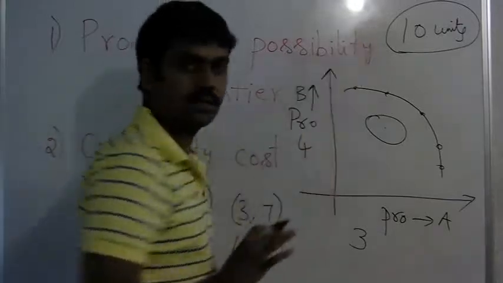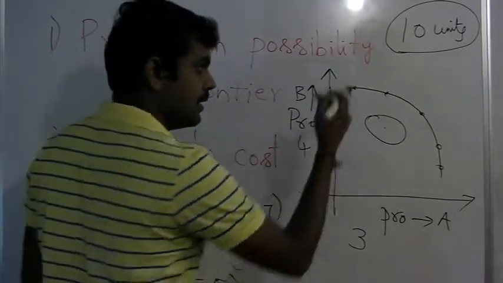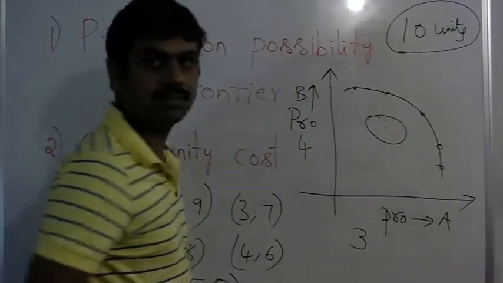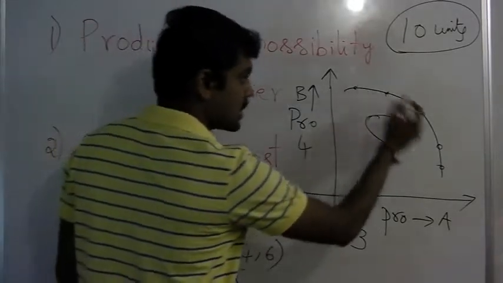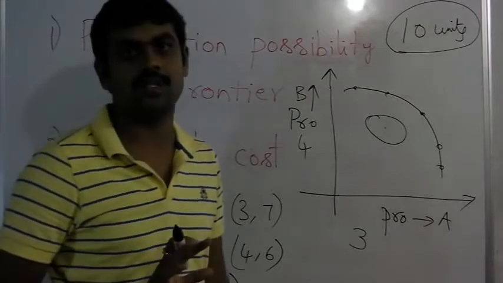The remaining 3 units are wasted. Then that combination will lie below this curve. So any combination which lies below this curve is simply wastage of resources.